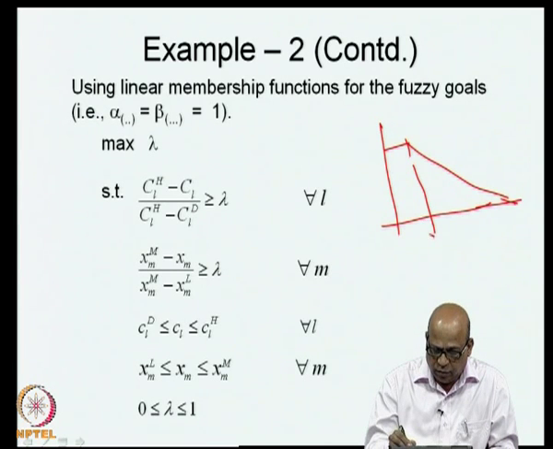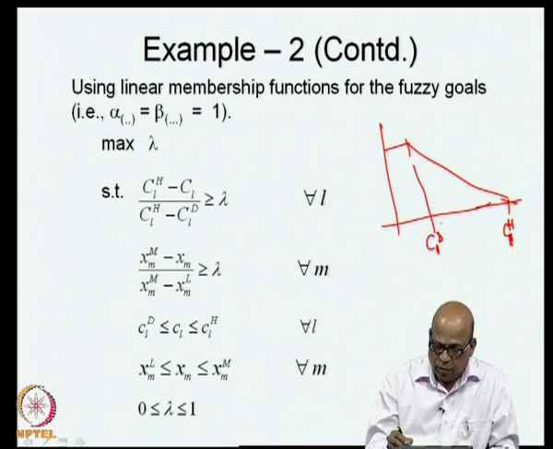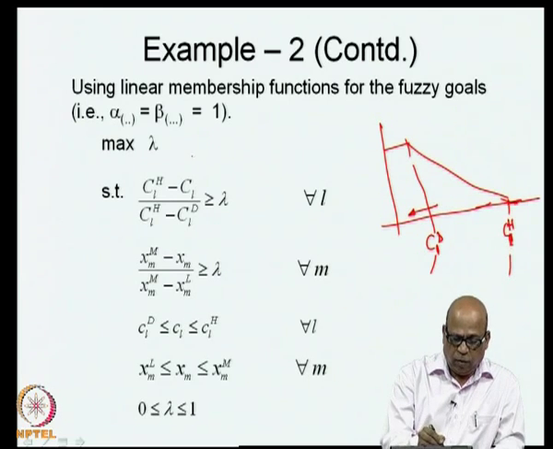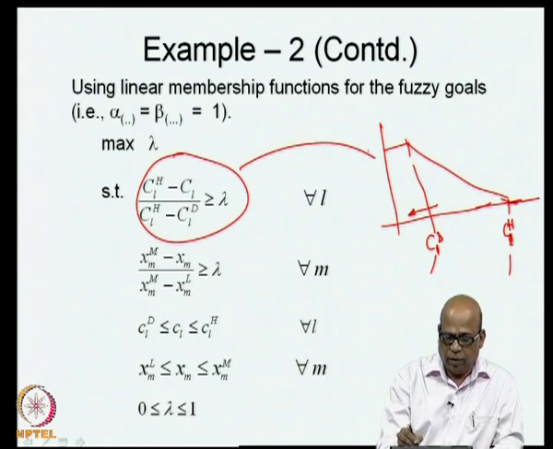So, I will say this is CLD and this is CLH. We are saying that we would prefer to have it lower than CLD, but anything higher than CLH is not acceptable. Therefore, we call this the permissible level and this the desirable level. That is what is reflected by this membership function.